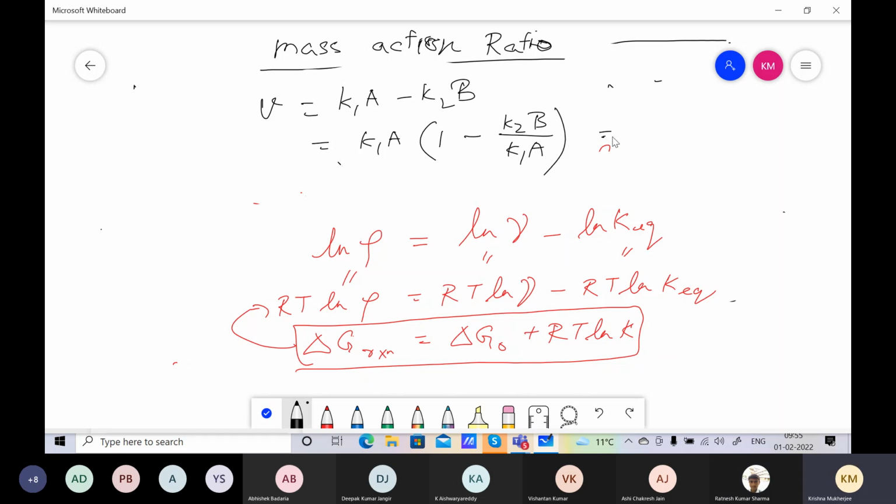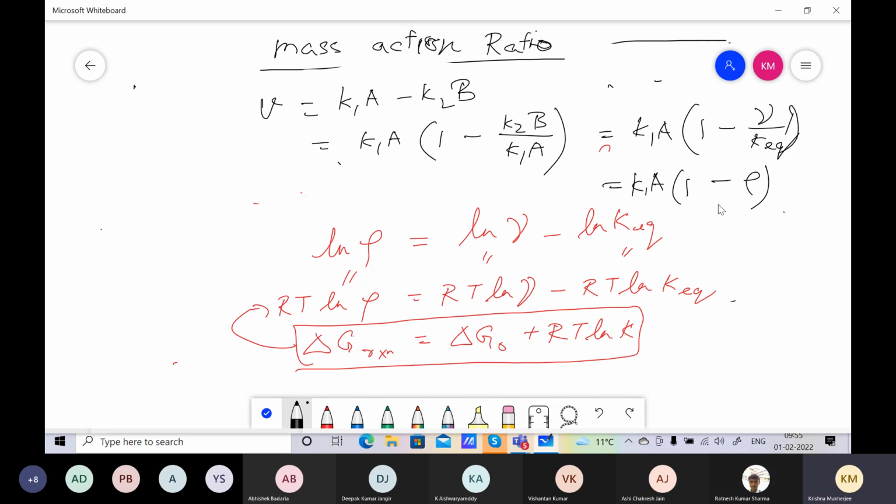So it's equal to K1A times 1 minus gamma upon K equilibrium, or whatever you want to put it, equal to K1A times 1 minus rho. Okay? Are you getting this argument?